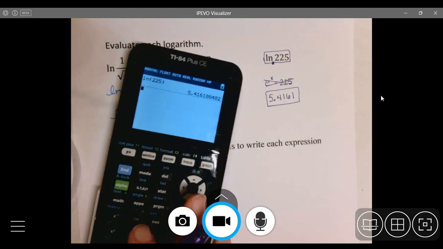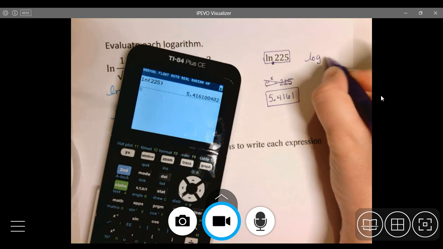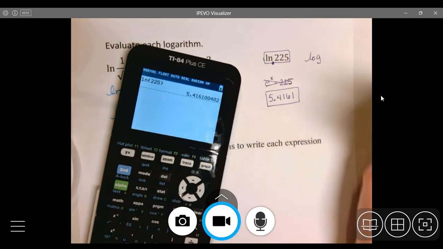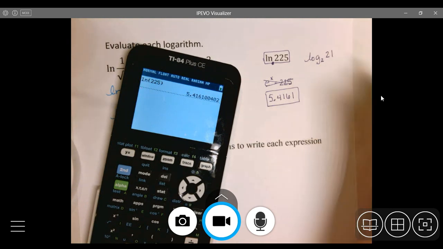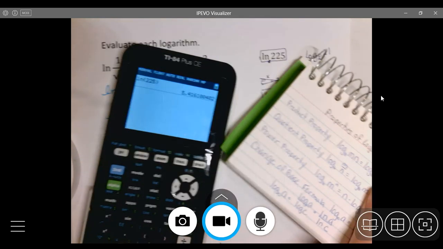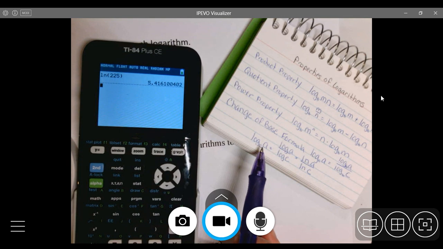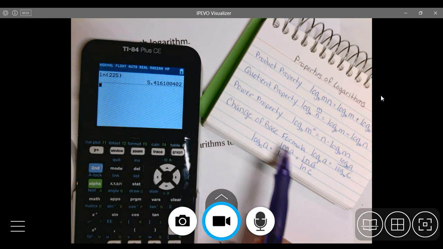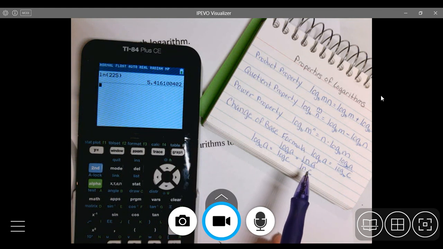So the question some people may be asking is, well, that's great, but how does that work if there's an actual base? Because ln has a button, but what if I have a base and I do something like this? Well, there are 2 different ways to do it. We have a property called the change of base property. Our change of base property says that if I have a log of a with a base c, I could do log a divided by log c, or ln of a divided by ln of c.